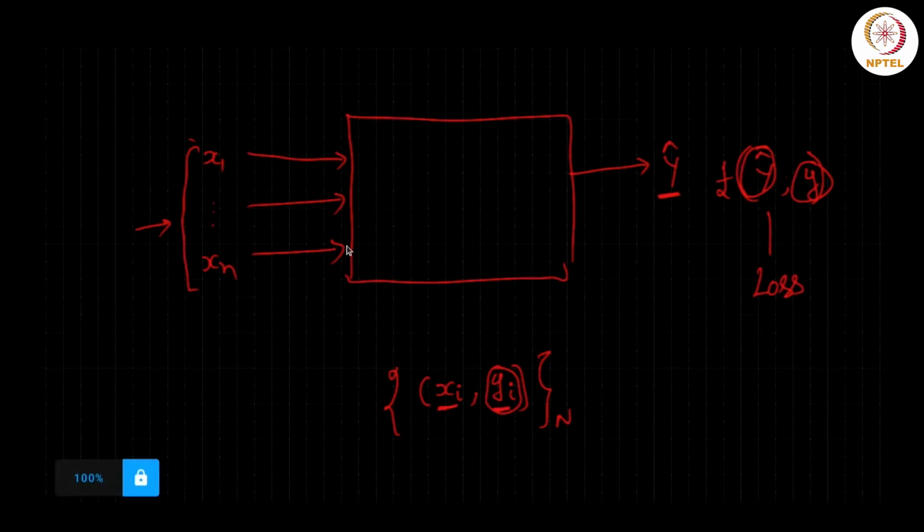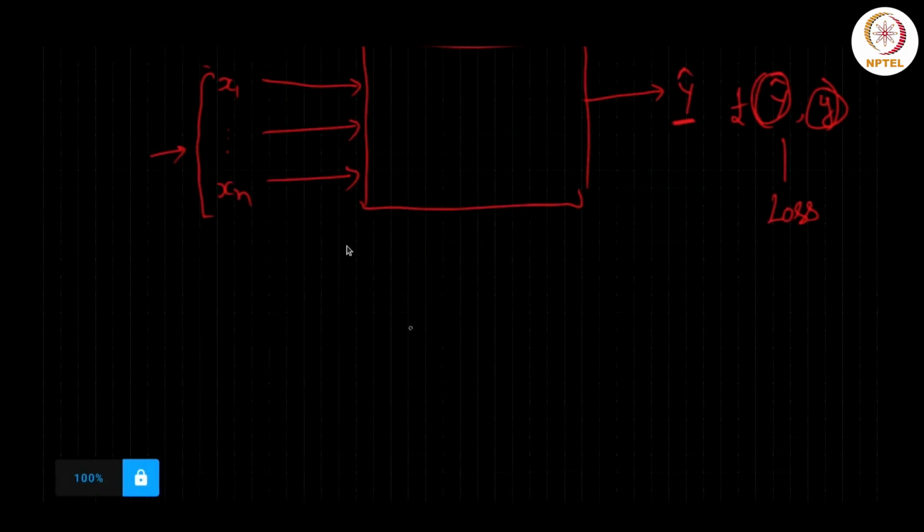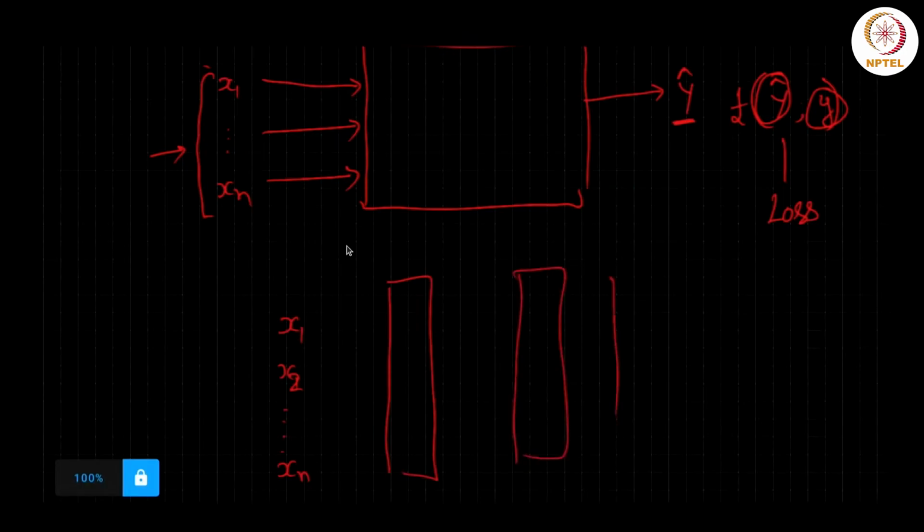So if we look deeper into a neural network, as we said, there are some input values that are coming in. There are layers of the neural network, one followed by another, and after that you have a final prediction y hat, the final output.